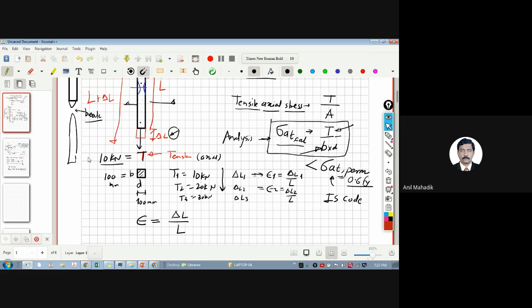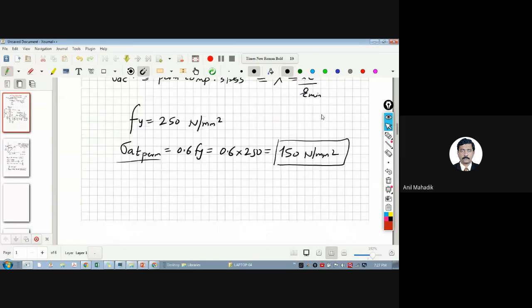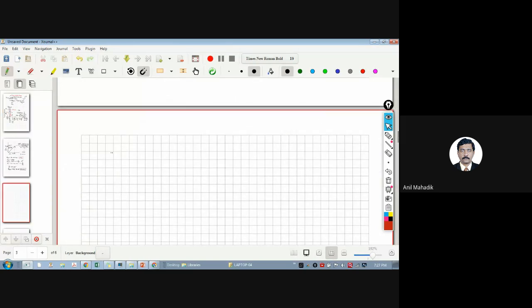Now you know the force and the area, so you can calculate the actual tensile stress. Sigma AT calculated is T upon A. T is 10 kilonewton, that means in Newton, 10 into 10 raised to 3, divided by the area, 100 by 100, the area of the cross section. So how much does this value come out to be?